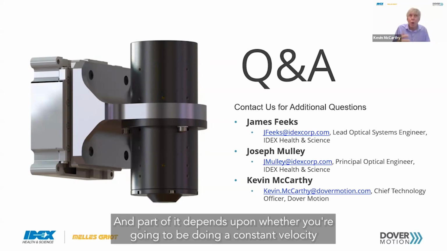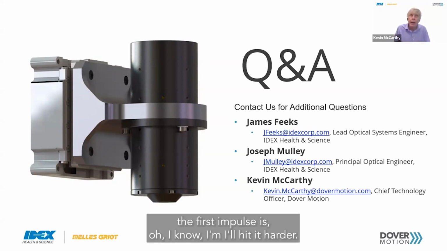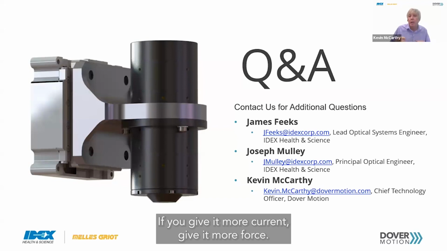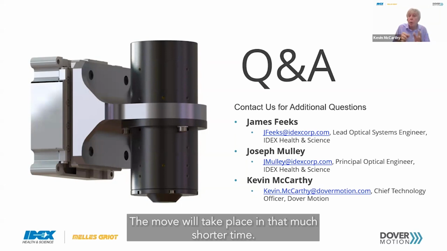Part of it depends upon whether you're going to be doing a constant velocity scanning system or a sequential field to field move system. In the latter, the first impulse is, oh, I know, I'll hit it harder. If you give it more current, more force, higher acceleration, half G, 1G, 2G, the move will take place in that much shorter a time.